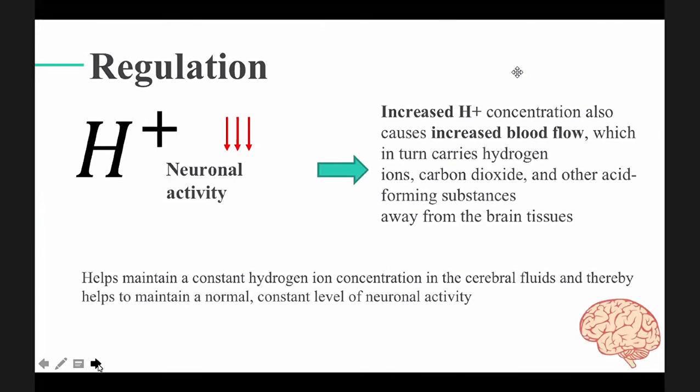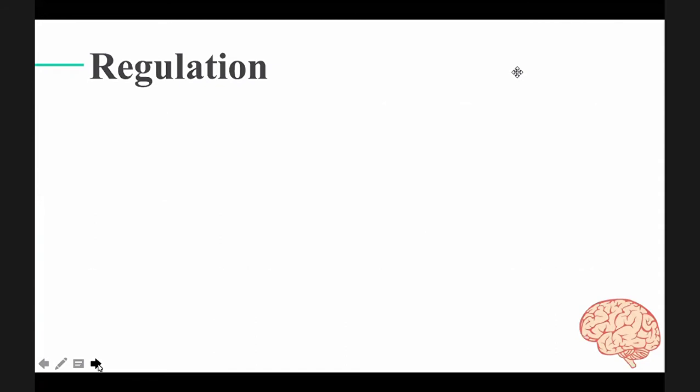So the increase in blood flow as an effect of hydrogen ion helps maintain a constant hydrogen ion concentration in the cerebral fluids and thereby helps to maintain a normal constant level of neuronal activity. Okay, so increase in carbon dioxide, increase in hydrogen ion, increase in blood flow.